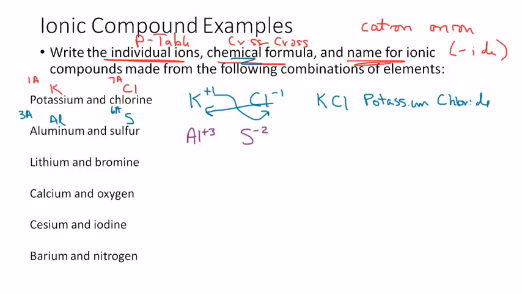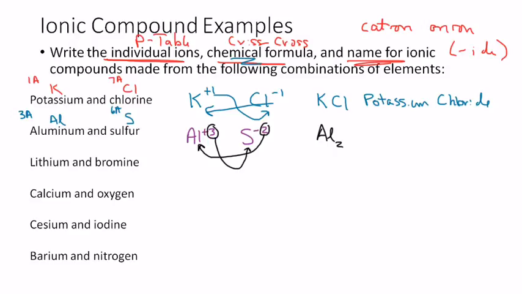And now we are going to crisscross. And when we crisscross, the number of aluminums we need is going to be the magnitude of the charge on the sulfur. Okay, so I can write it over here. The number of aluminums we need is 2. The number of sulfurs we need is the magnitude of the charge on the aluminum.